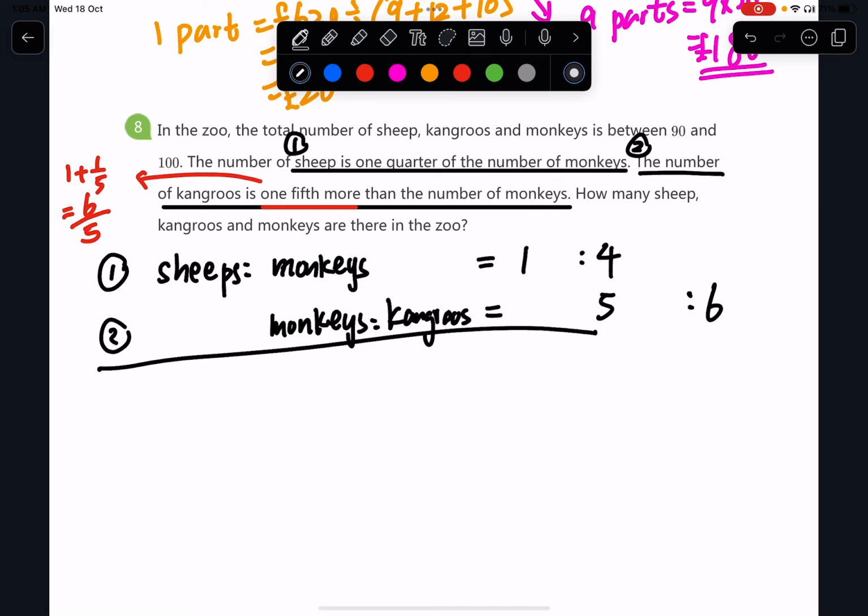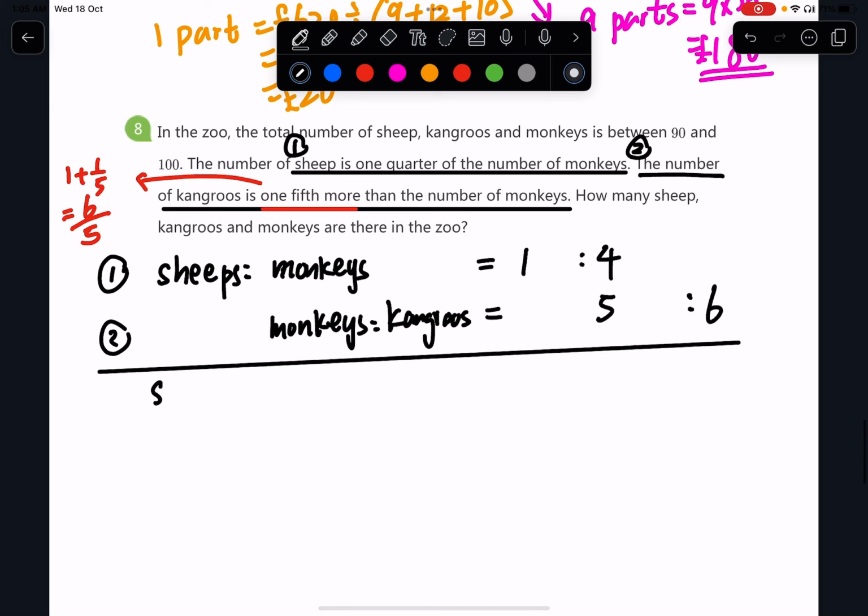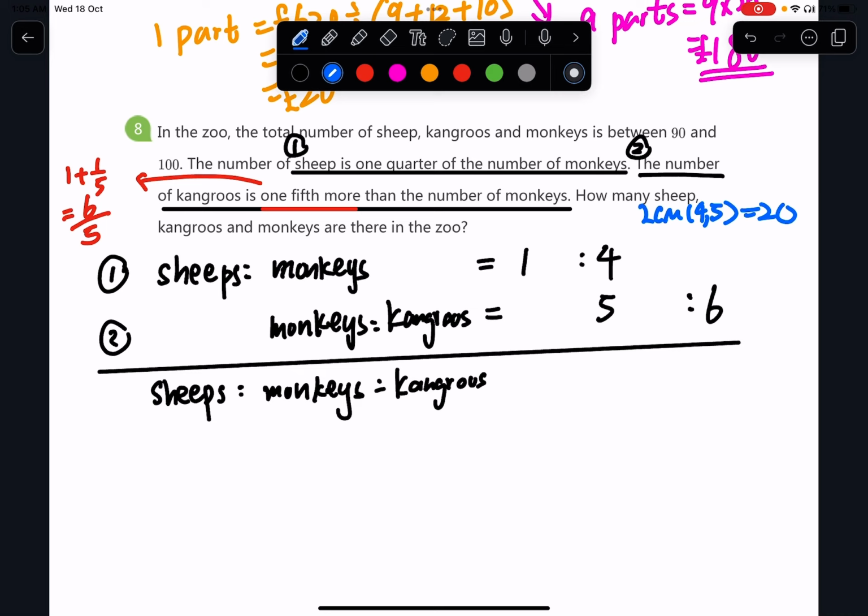Now, we want to link up these two ratios together. So I want to find out sheep to monkeys to kangaroos. I want to link up the number for monkeys. So 4 and 5, what is the lowest common multiple? It is 20, right? So I turn 4 into 20 by multiplying it by 5. 1 also multiplied by 5. 5 times 4 is 20, 6 times 4 is 24.